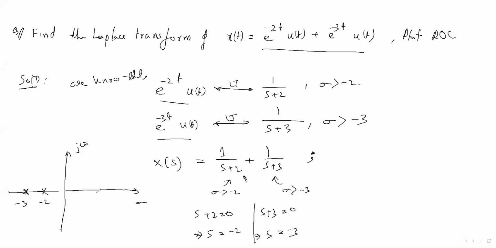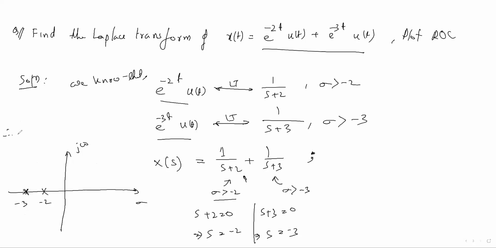Now come to the ROC plot. Both conditions say the ROC is on the right side. One says sigma is greater than -2, another says sigma is greater than -3. But the ROC should be an overlap region.